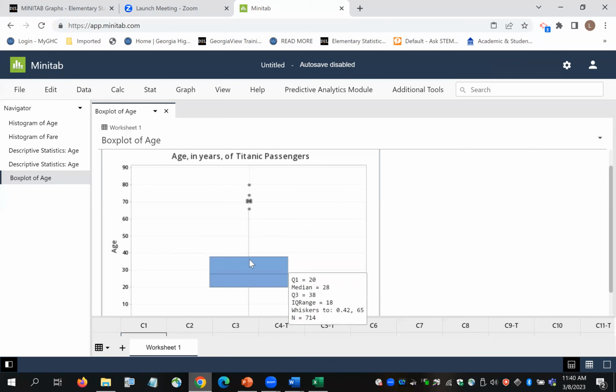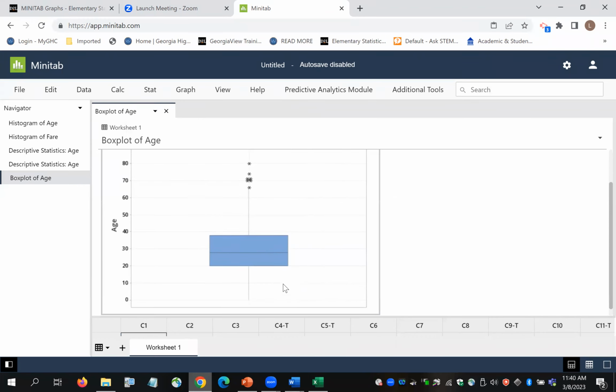If I put my mouse over the blue box, it tells me the value for quartile 1, the median, the value for quartile 3. It tells me that my whiskers, the whiskers are these lines. So you have the box. This lower line represents Q1. The middle line is your median.